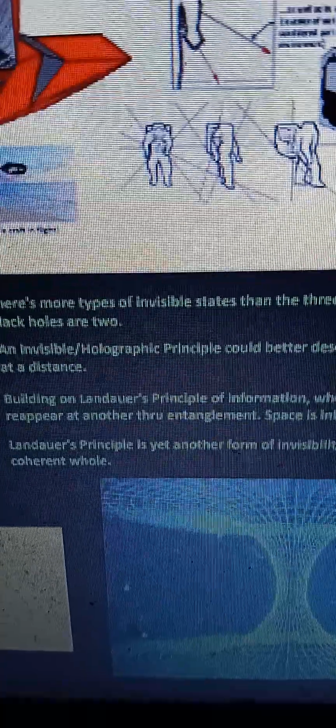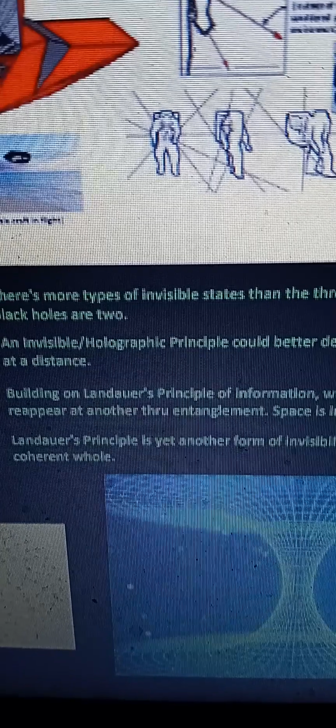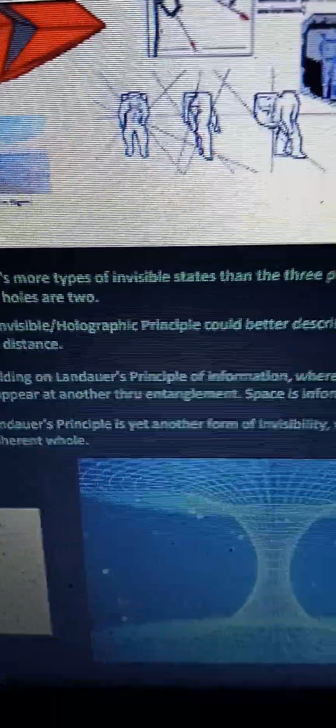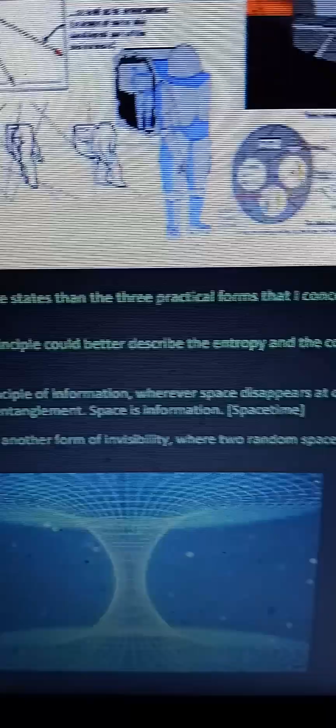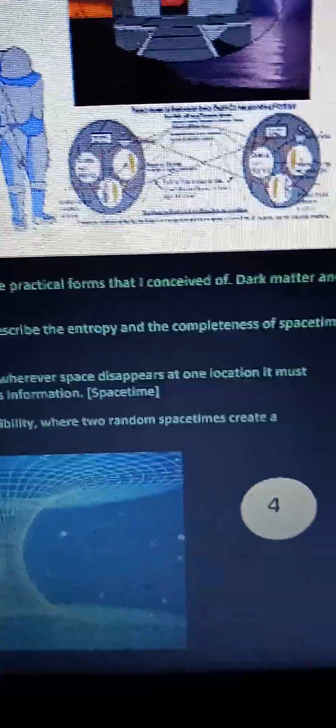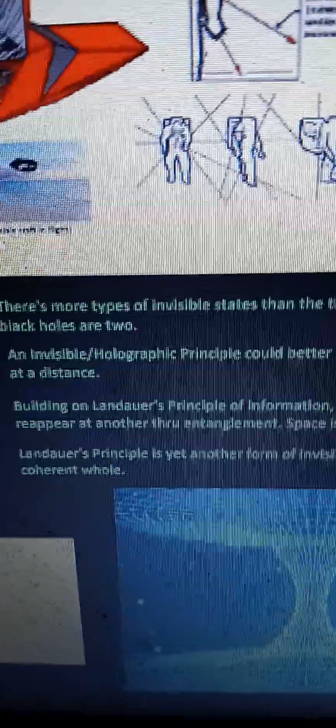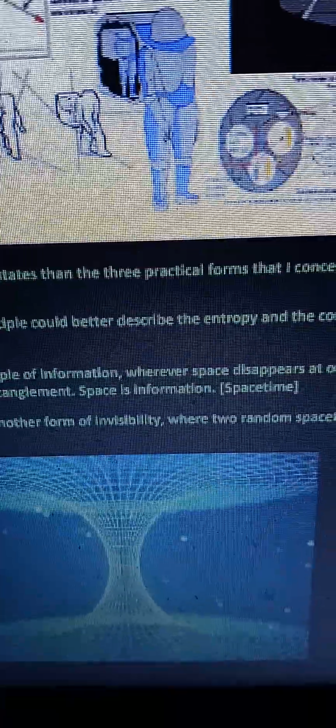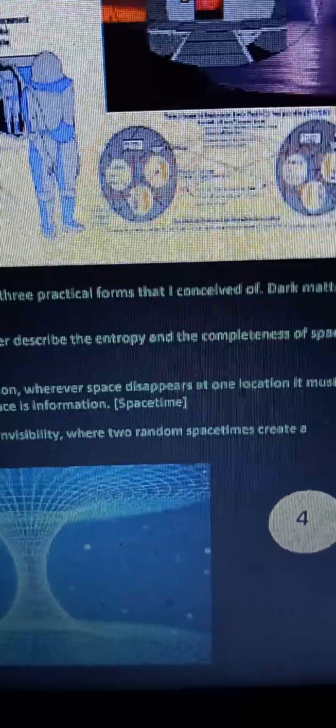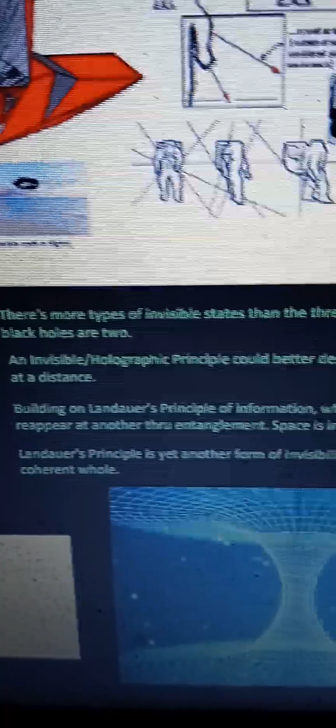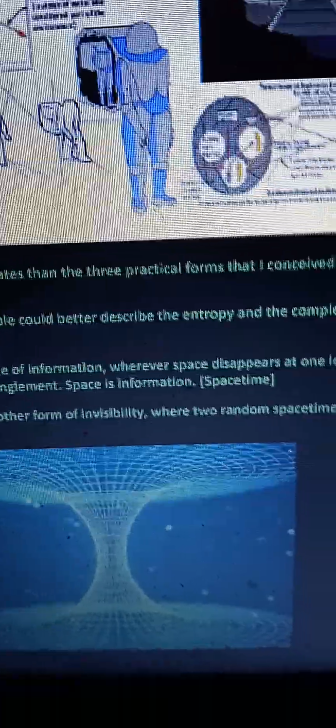Building on Rolf Landauer, big name in information theory. Building on Landauer's principle of information, wherever spacetime disappears at one location, it must reappear at another through entanglement. Space is information. Spacetime. Landauer's principle is yet another form of invisibility, where two random spacetimes create a coherent whole.